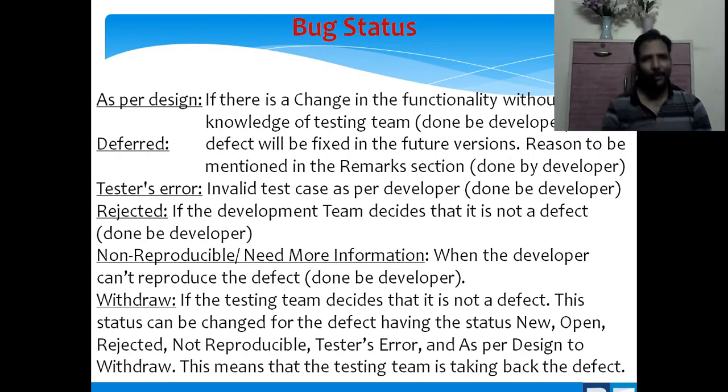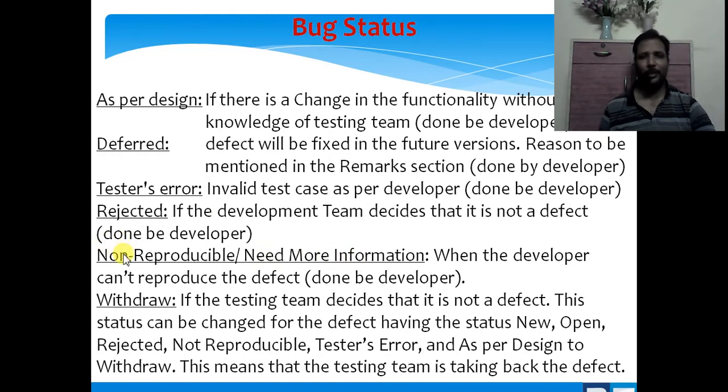But sometimes there may be a difference in the environment, it may not be the customer simulated environment, and that error has occurred, but in the development place, it is not reproducible. So in that case, tester's error may come, or they may reject the defect, because it is not reproducible. Not reproducible. Okay, need more information.